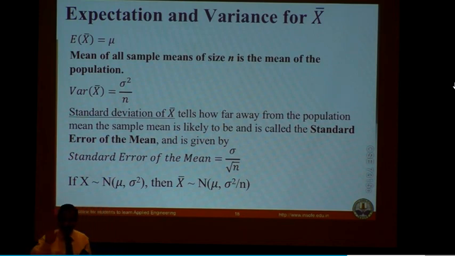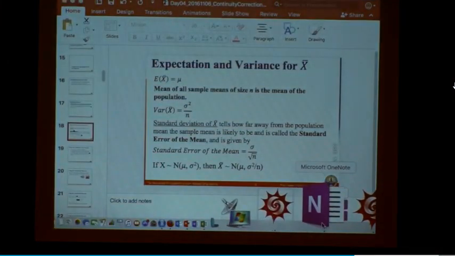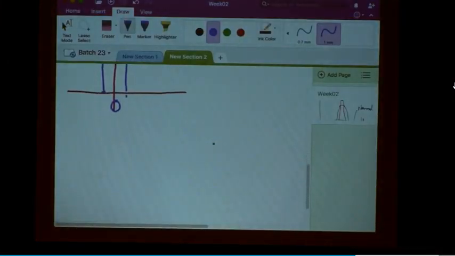Thinking doesn't change at all. Calculations don't change at all. But what mean here means is it's the mean of one sample. And I'm saying the mean of all sample means is equal to population mean. So here, what I really have is, let me just draw it.